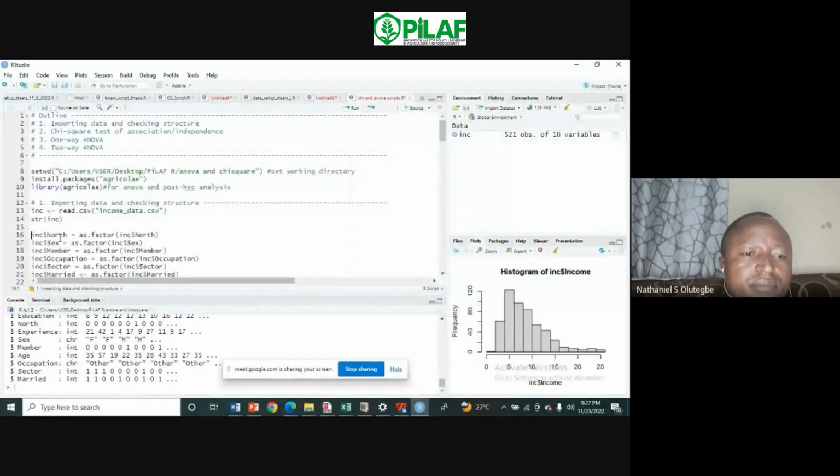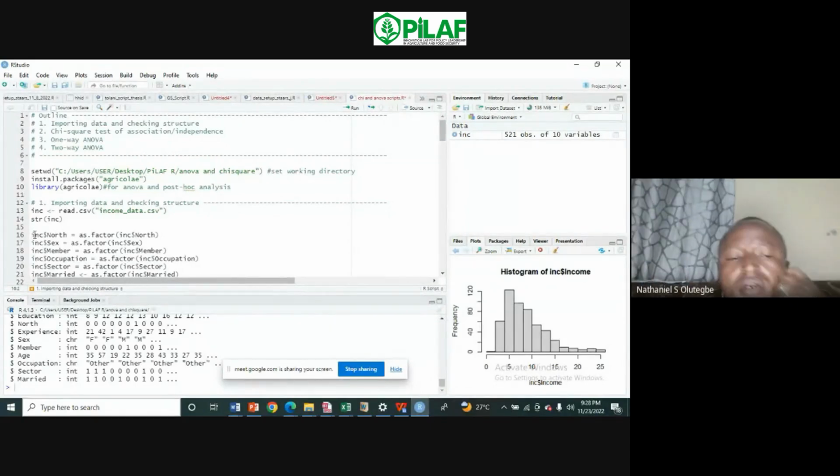I think it's important that we have that kind of knowledge. Now, for a chi-square analysis, because we are talking about two variables that are categorical, it's important that we bring the variables of interest, especially the variables we want to use to run the test, to factor level.